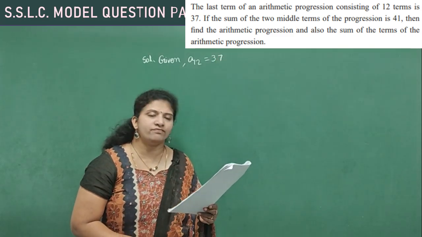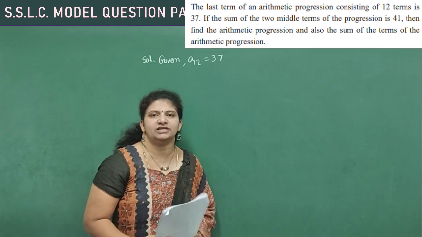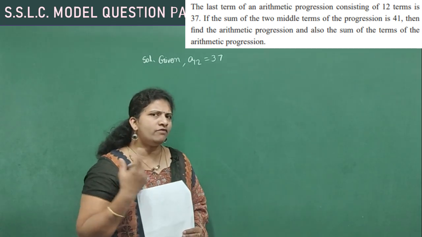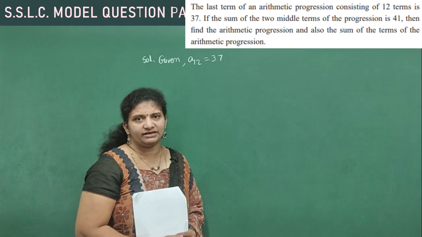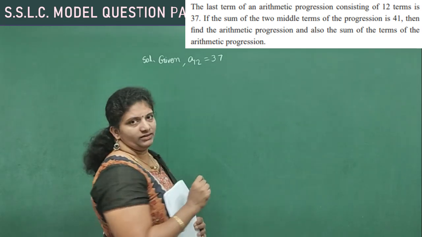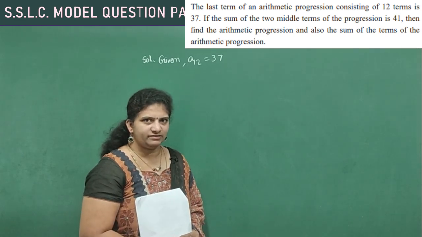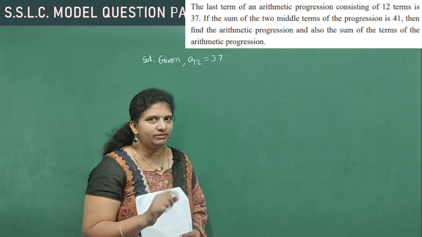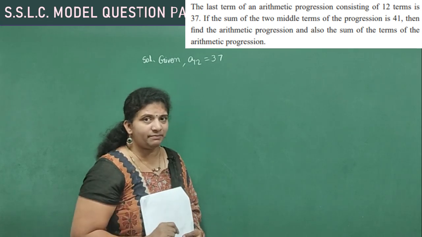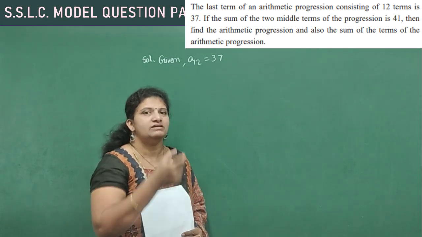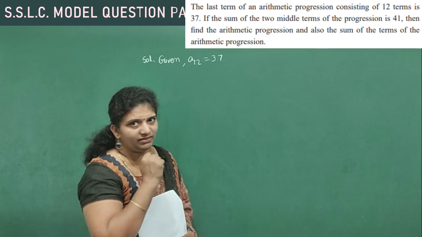If the sum of the two middle terms of the progression is 41. Sum of the middle terms, how can we guess? 12, it is an even number. 12 by 2, it will be 6. Right? 6 is not a middle term. 6 and the next number, the middle two terms means 6 and the 7th term.